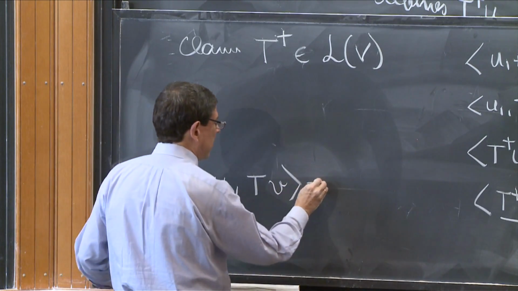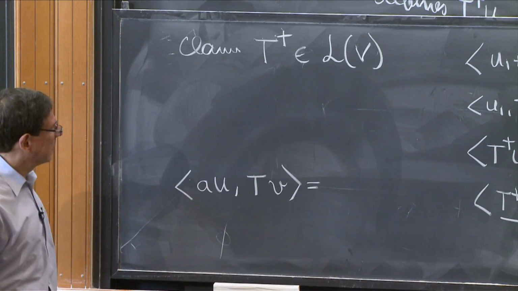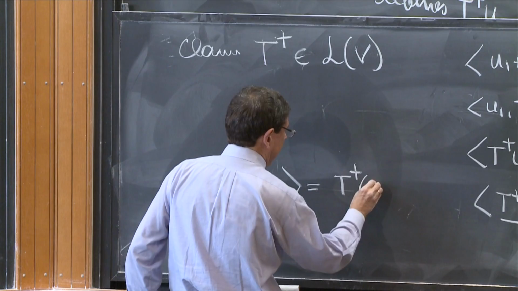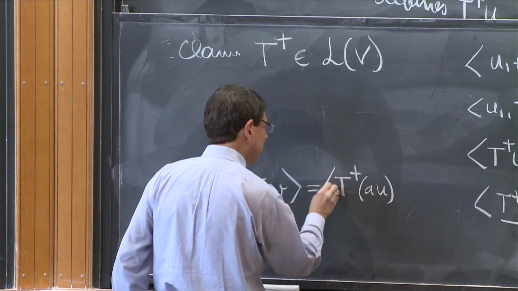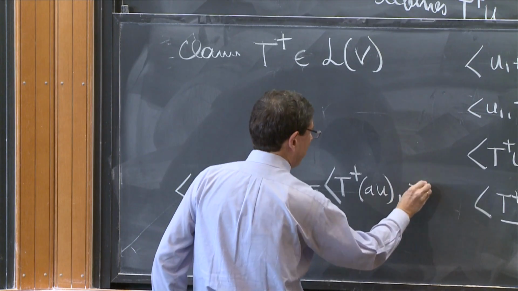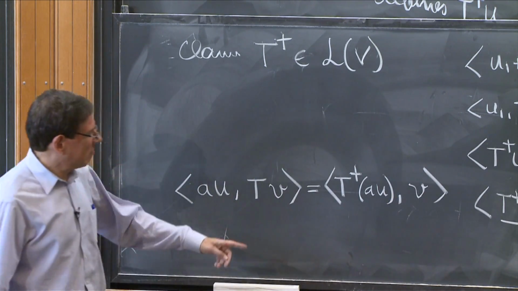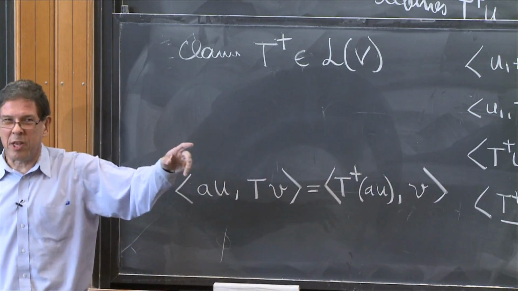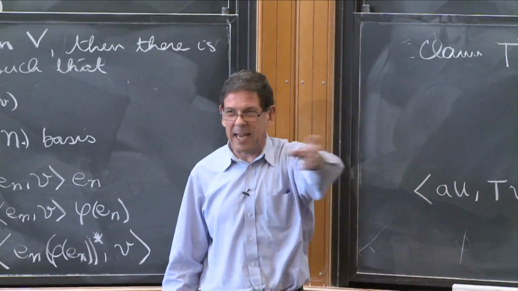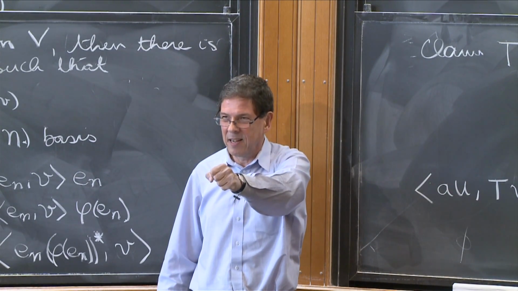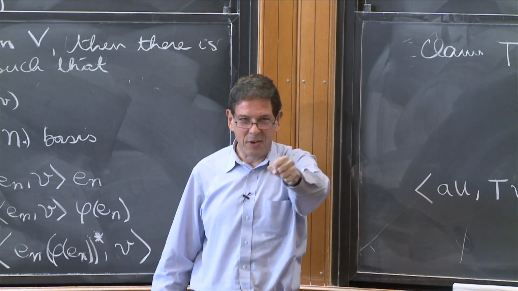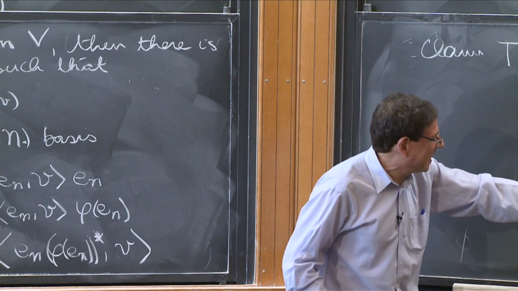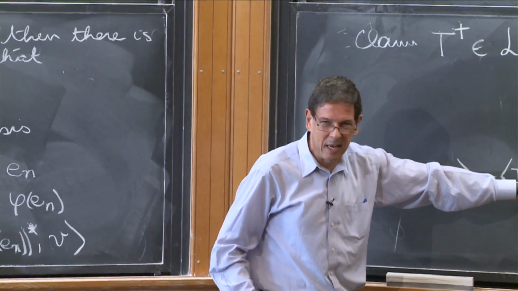Well, this is equal to T dagger on AU, V. Now, T dagger on AU, do you think the A goes out as A or as A bar? What do you think T dagger on AU is supposed to be?